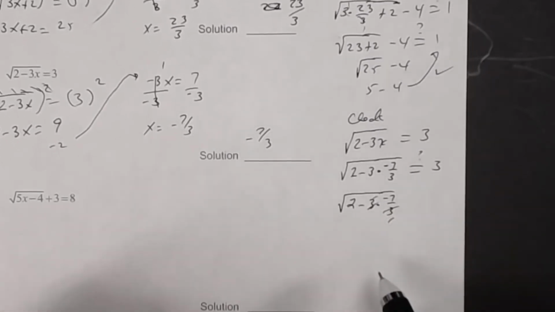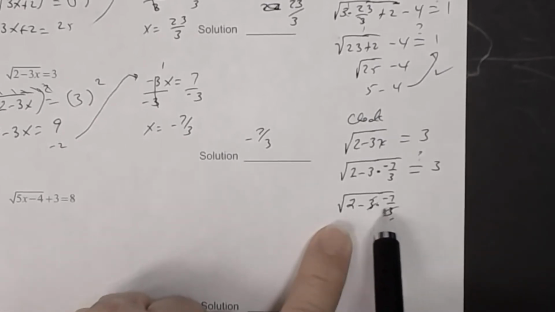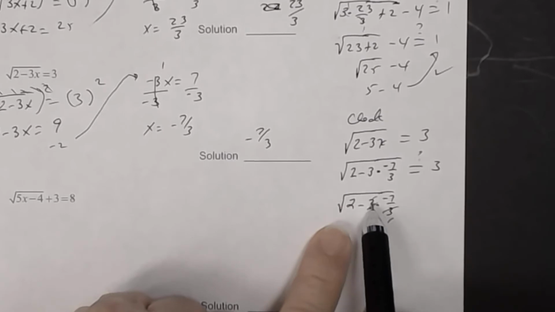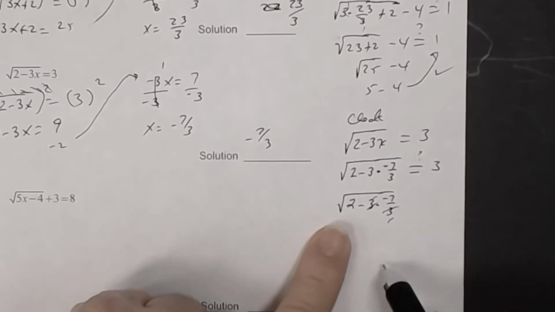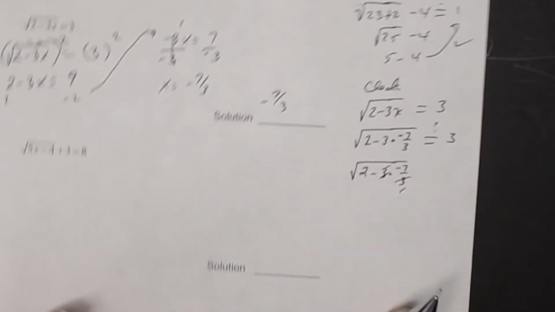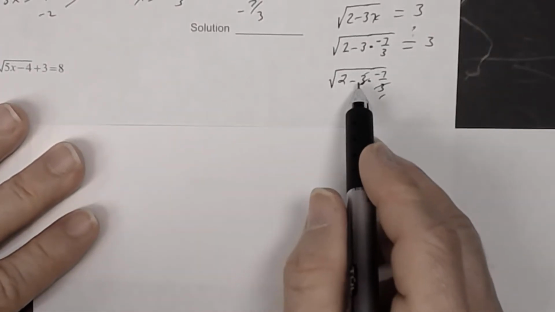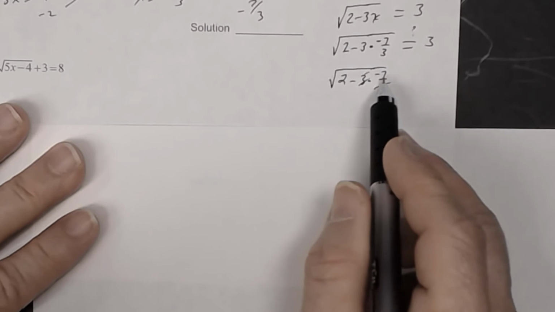But look at what you have. Now think about what you have. In the radicand, you have 2 minus, now 1, that's a 1 right here. 1 times negative 7 is negative 7. So here's what you have. Let me go ahead and put that on another sheet of paper so it doesn't confuse you. So you have 2 subtract 1 times a negative 7.